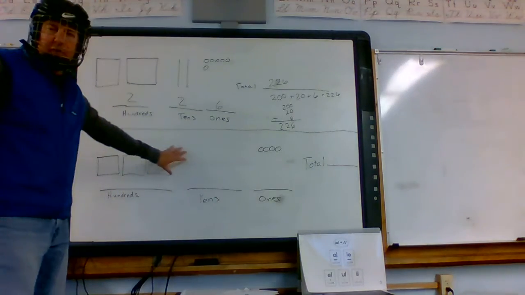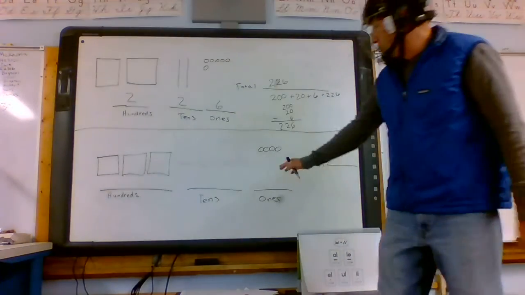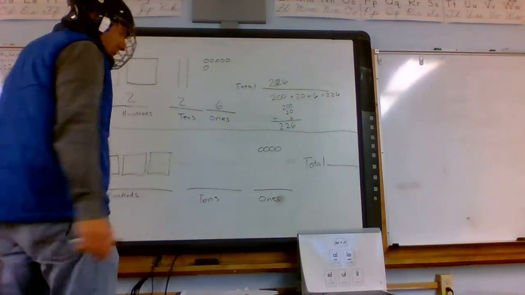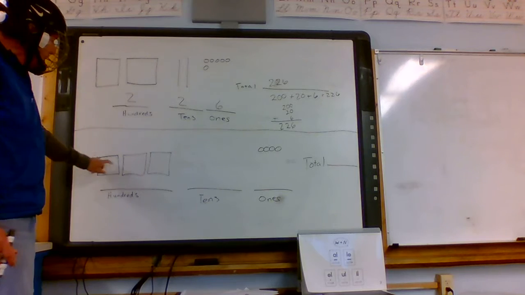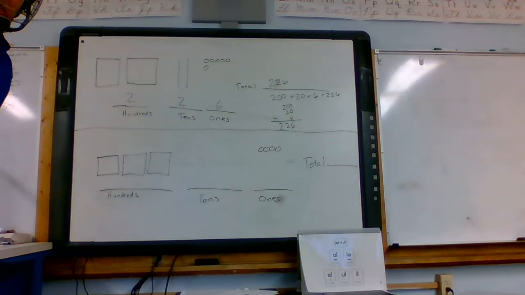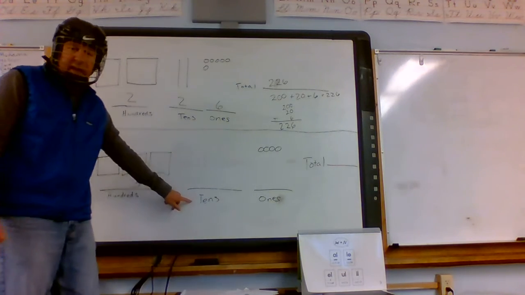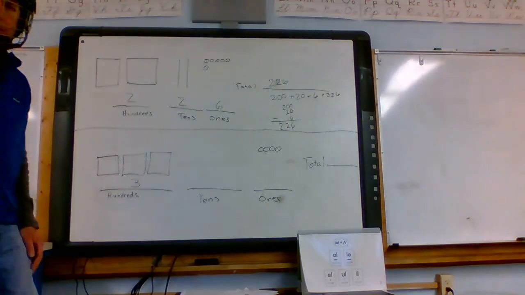This is where it might get a little more tricky. I have this line here. I want to do the one underneath here, okay? Down below, how many hundreds do we have? 3. 1, 2, 3 hundreds. How many tens do we have? Do you see any sticks up here?